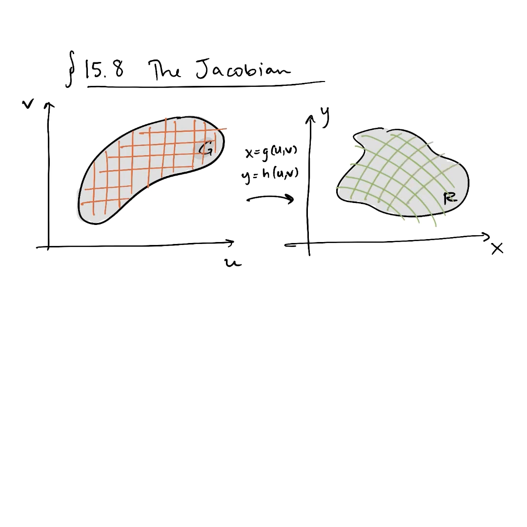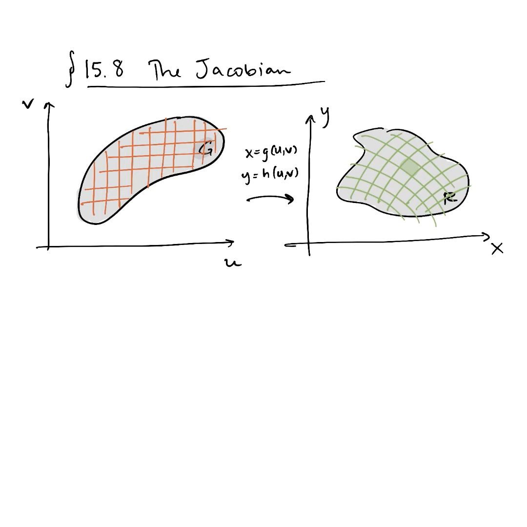And similarly for the vertical lines on the left side of the picture, in each vertical line U is fixed and V is changing. But if you change V, X and Y will change. So maybe the mesh over in R that corresponds to that mesh on G looks like that.